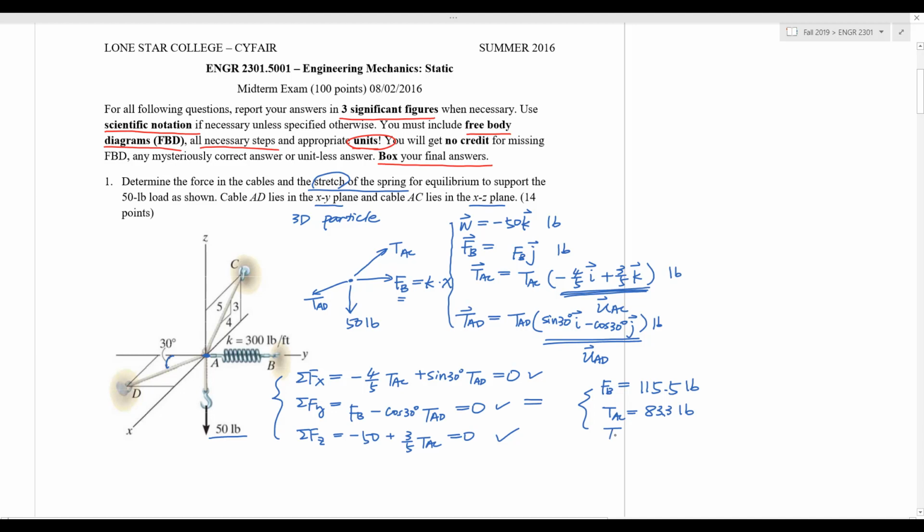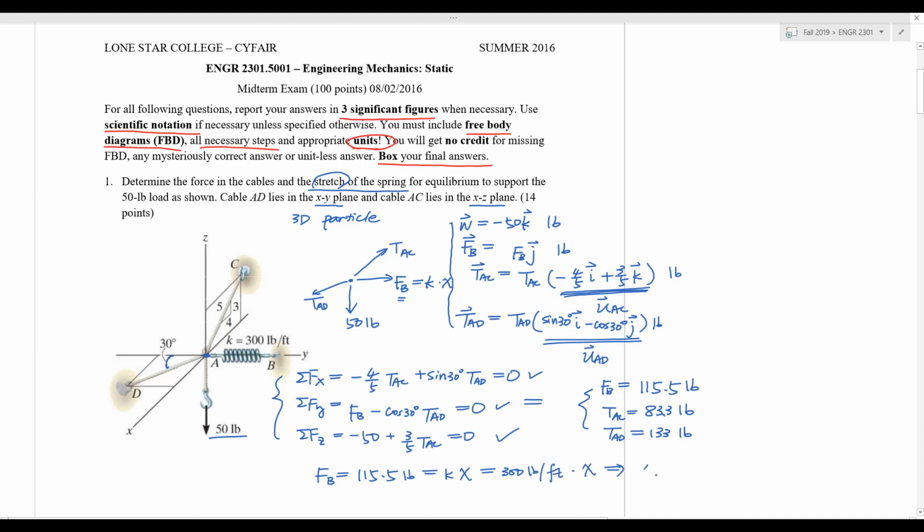And then my TAD is 133 pound. And because my spring force, 115.5 pound, equals Kx, the spring constant is 300 pound per foot multiplied by x.